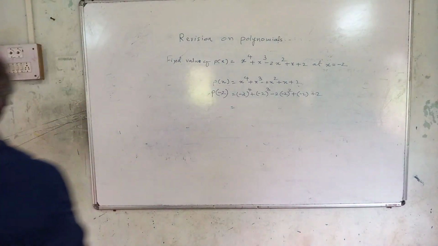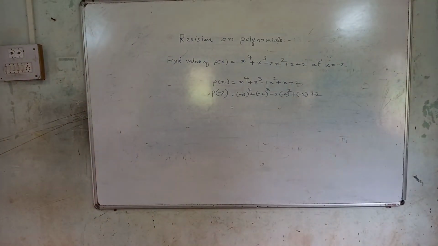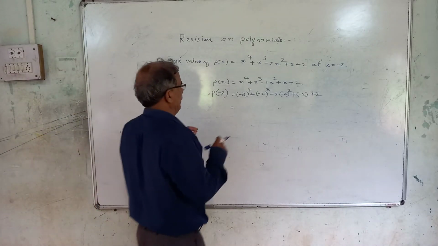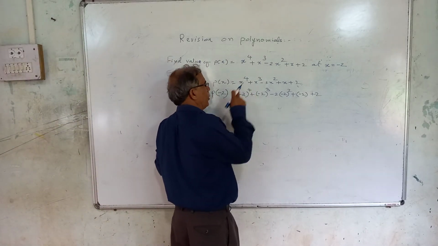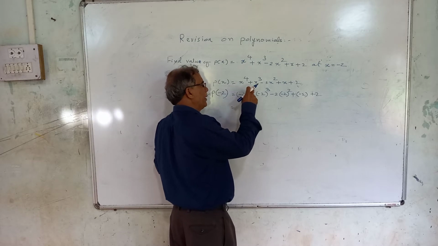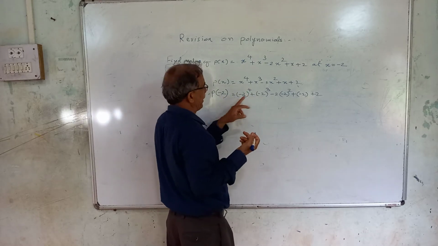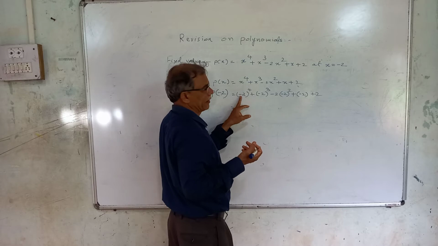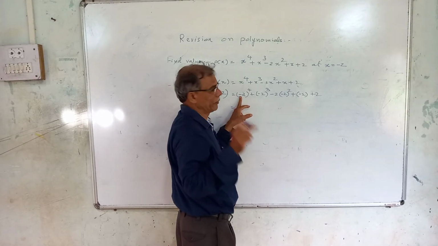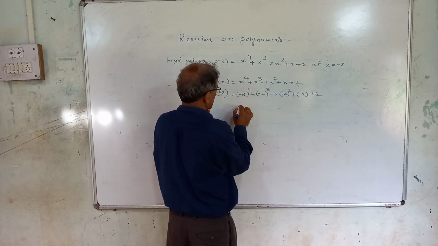2 raised to 4, how much? 2 to the 4, 4 to the 8, 8 to the 16. And that is minus 2 raised to 4, minus sign 4 times. So answer will be what? If the exponent is even, answer will be positive, that I have told you. So that is 2 raised to 4 means 16, it is plus 16.